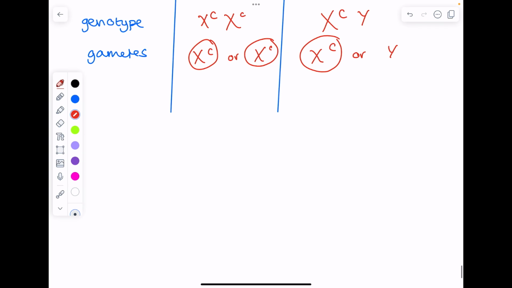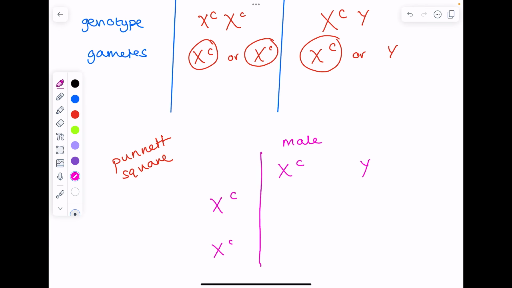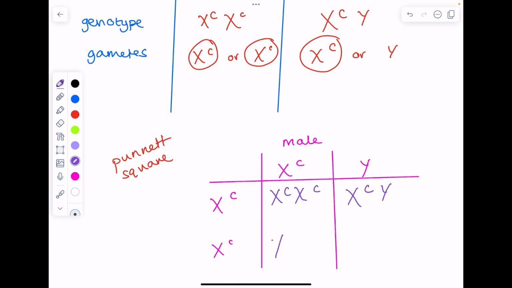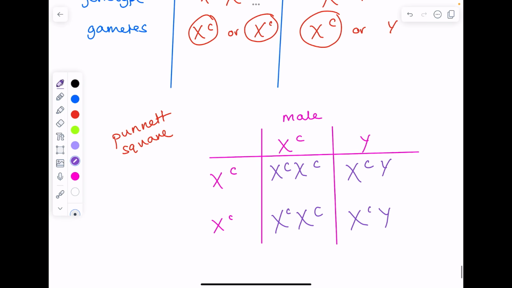Now we can draw a Punnett square. So now we're ready to list our possible outcomes for these offspring. We're going to have a female here with normal vision.